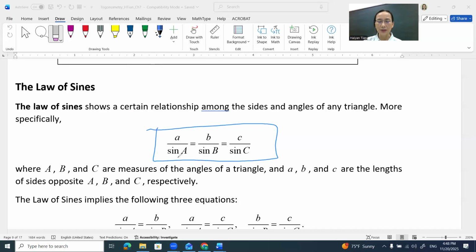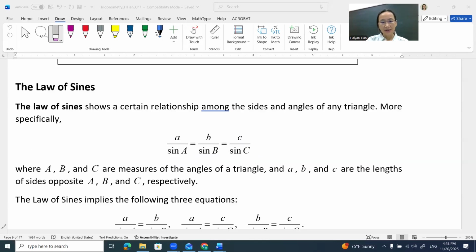When you see these equalities, it actually shows 3 equations. This equals the other, so that's 1 equation. Then we can also show that B over sine B is equal to C over sine C. That's another equation. And also A over sine A is equal to C over sine C. So we have 3 equations.